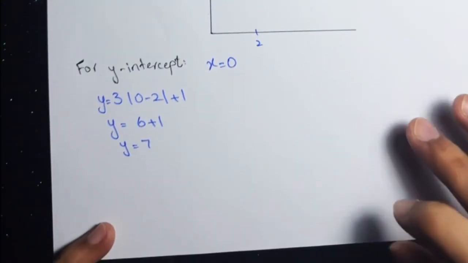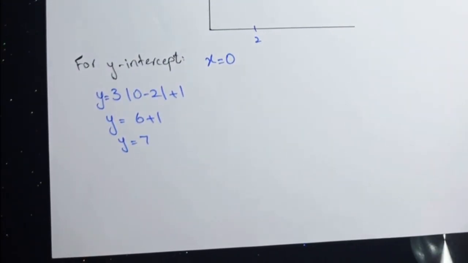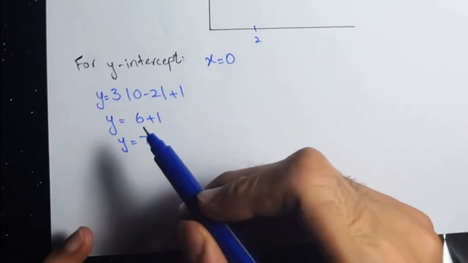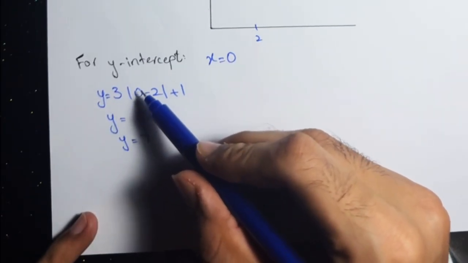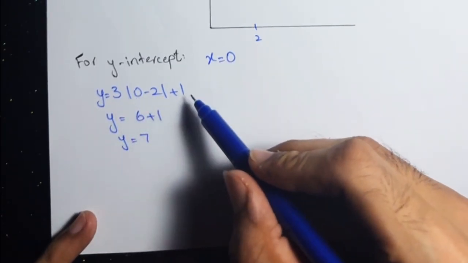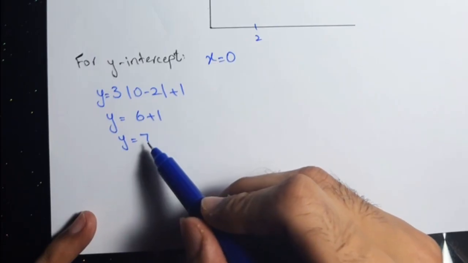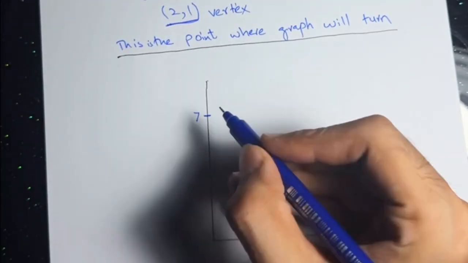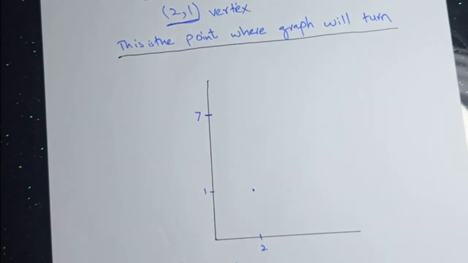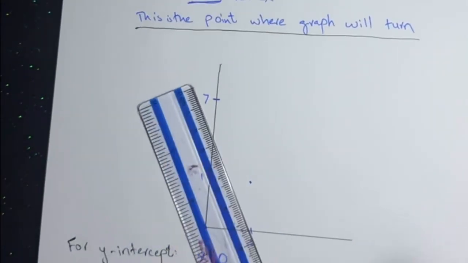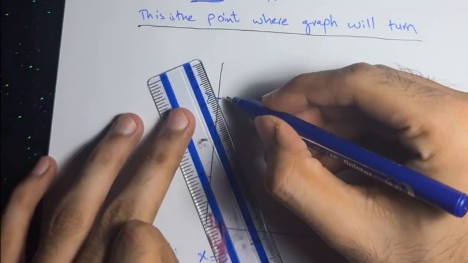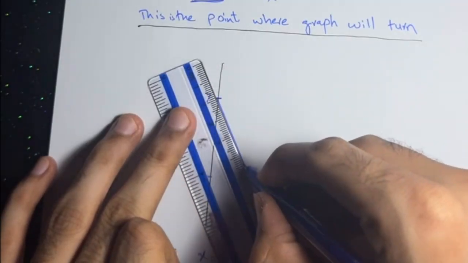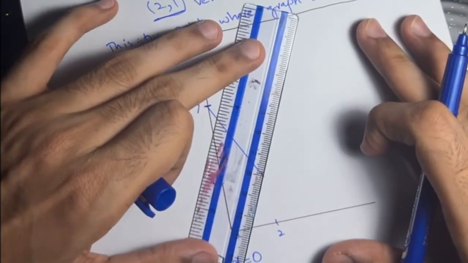To find the y-intercept, we put x is equal to 0. Y is equal to 3 times, putting x is equal to 0, 0 minus 2, plus 1. That is 6 plus 1, so y will be equal to 7. So 7 will be somewhere here. Now, to make the graph, we will do the same to the other side.